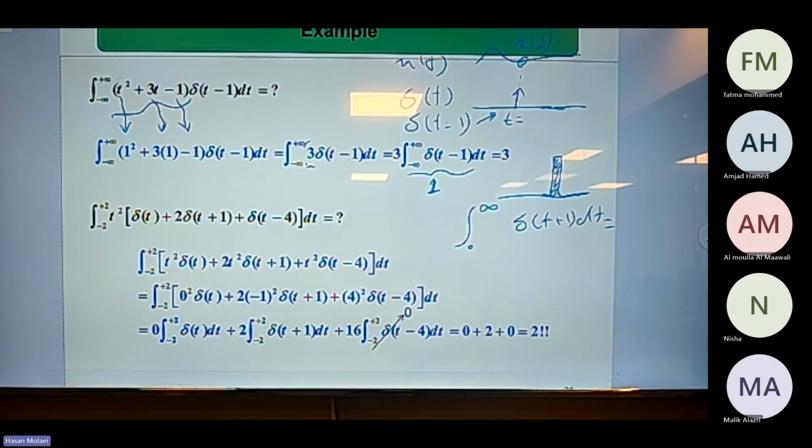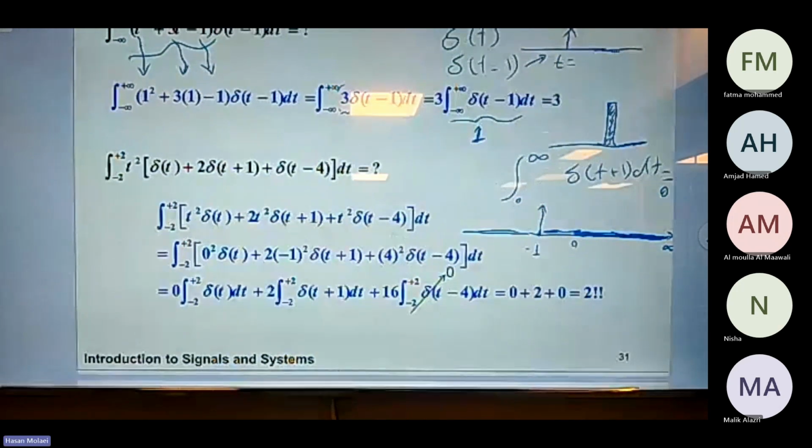Exactly. I am taking the integral from 0 to infinity, from here to here. Where is the term located? Minus 1. From here to infinity, we have nothing. So the integral here is 0.